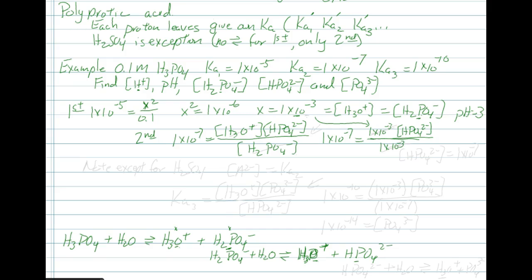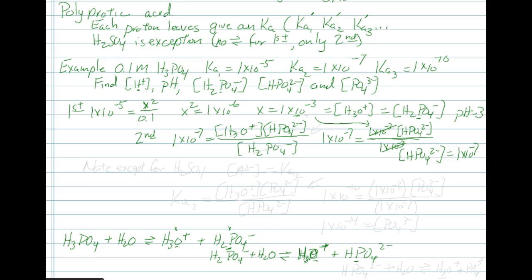Well, look at that. Those two terms cancel. So the hydrogen phosphate is equal to 1 times 10 to the negative 7.